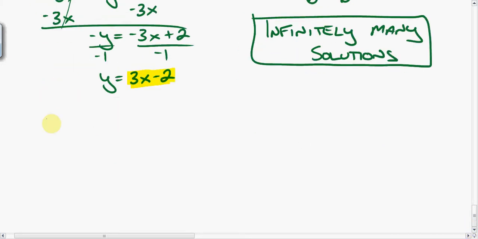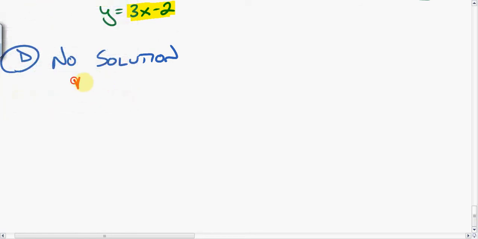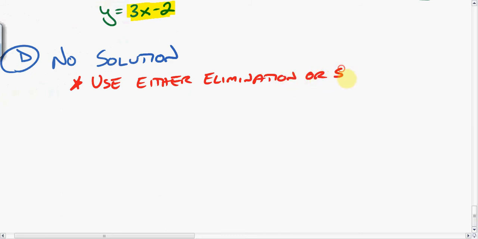So what does that look like? So that's D, no solution. And let's look at a problem that occurs there. So we use substitution. Again, no solution. You can use either elimination or substitution.